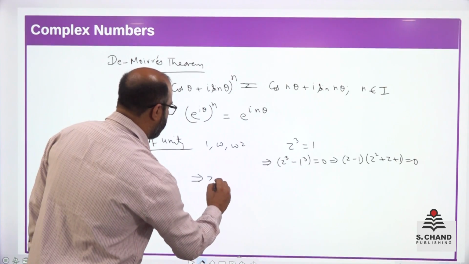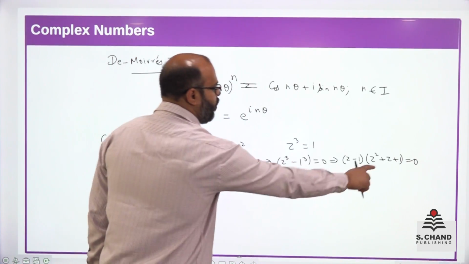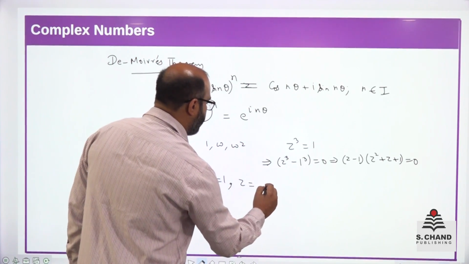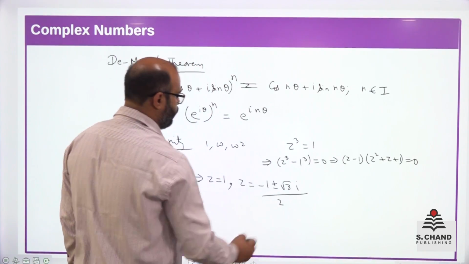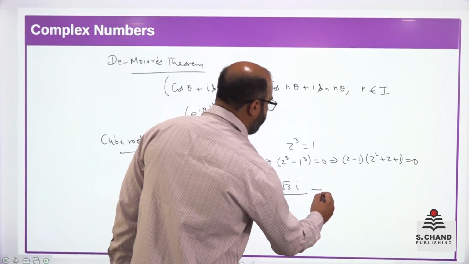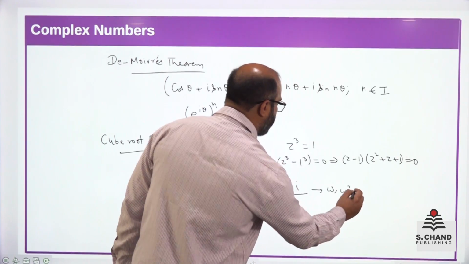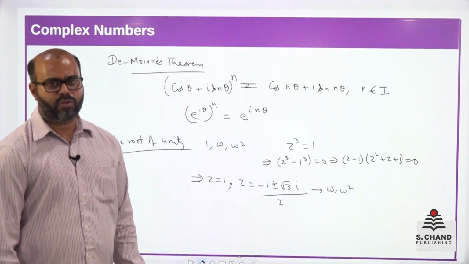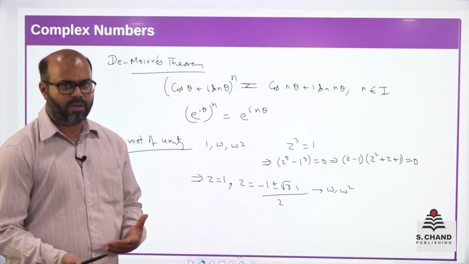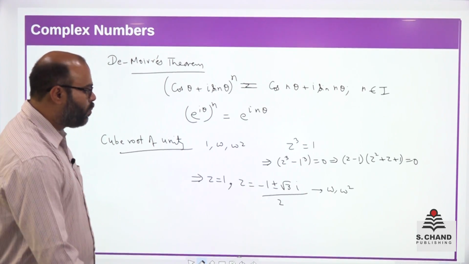From there we will get z is equal to 1, and from the second one we will get z is equal to minus 1 plus minus root 3 i by 2, which is omega and omega square. Plus you can take omega and minus you can take omega square, or you can take converse of that also, but both cannot be same.